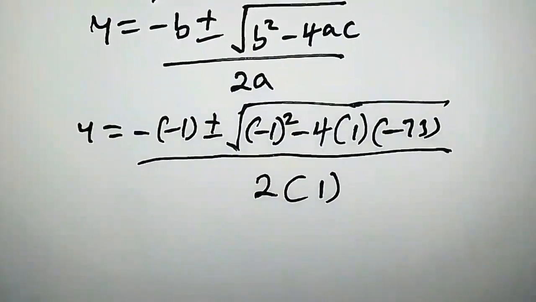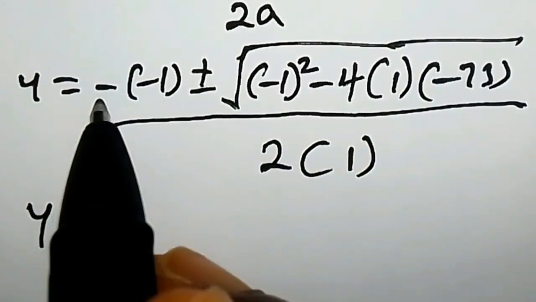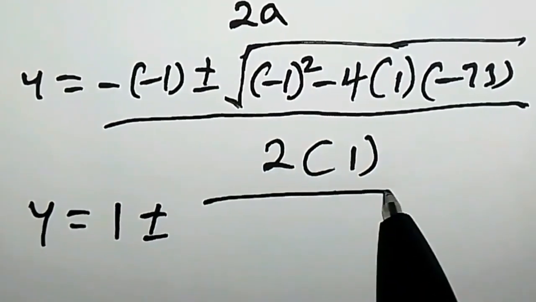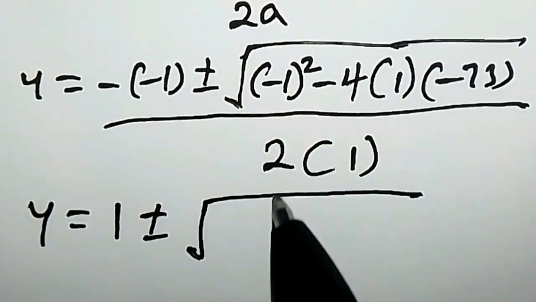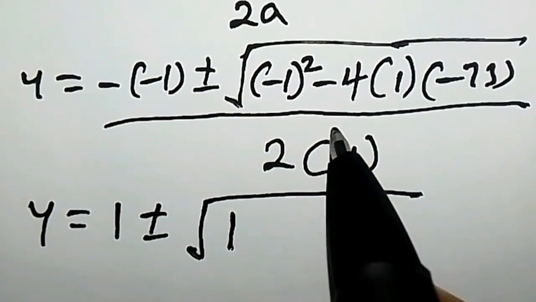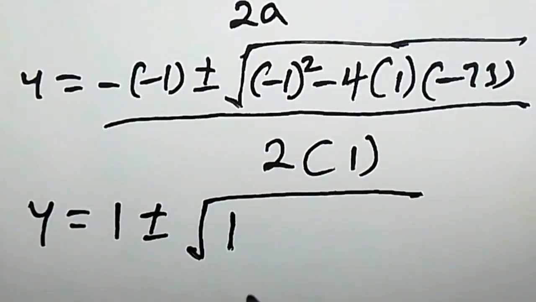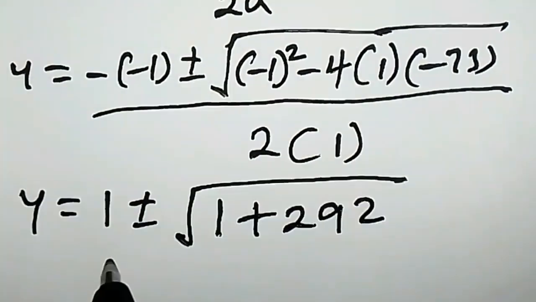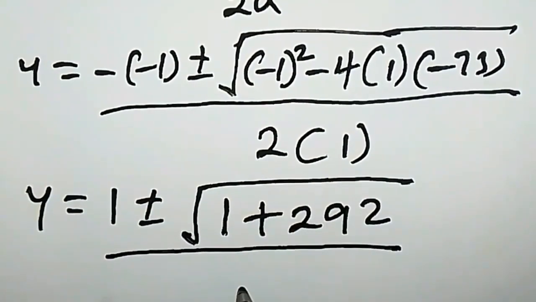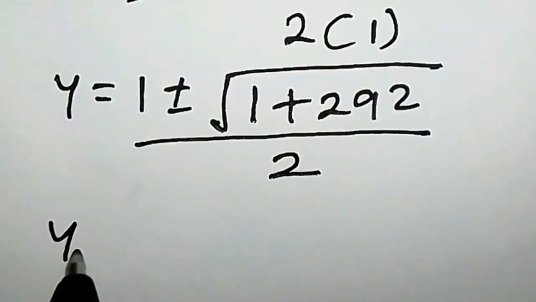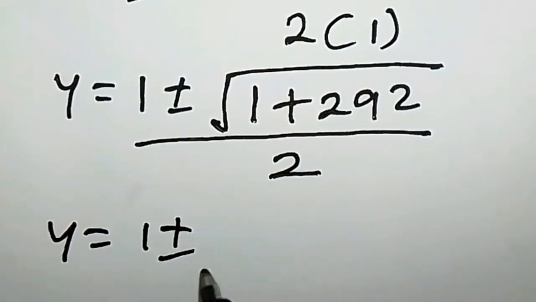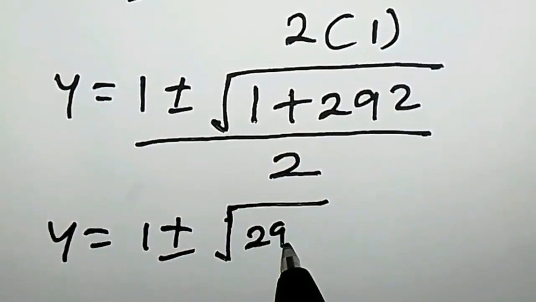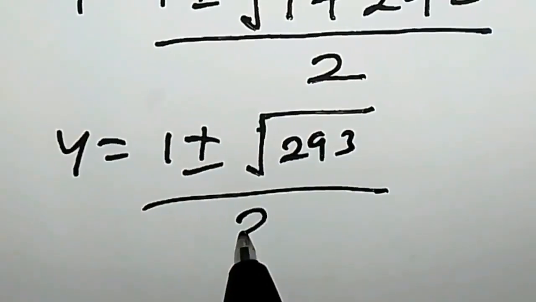Let's continue. y equal to minus times minus 1, that is 1, plus or minus square root of minus 1 all squared, that is simply 1, minus 4 times 1 times minus 73, that is plus 292, divided by 2 times 1, that is simply 2. y equal to 1 plus or minus square root of 1 plus 292, that is 293, divided by 2.